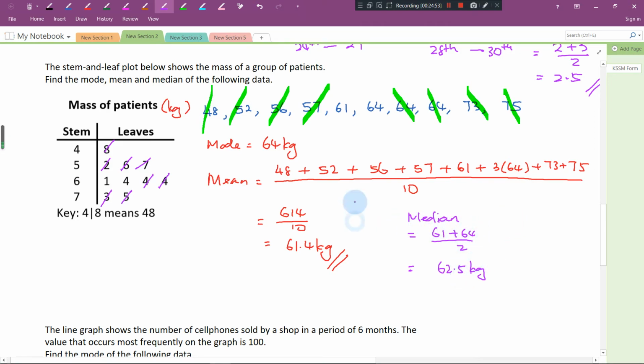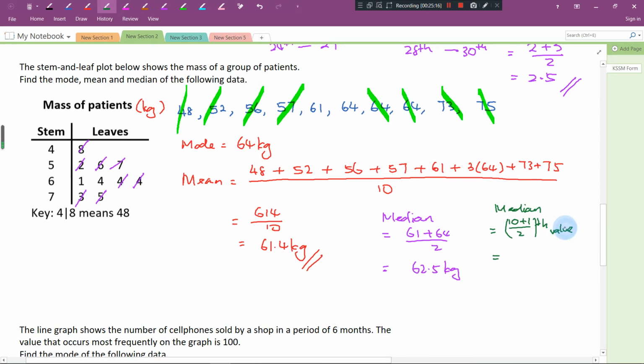So another way is, let's say you want to get the position first. You can do it this way. Median. Since we have 10 data, 10 plus 1 divided by 2. Value. So some books will use data, some will use observations, some will use value. It's up to you.